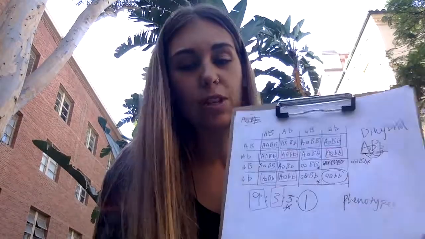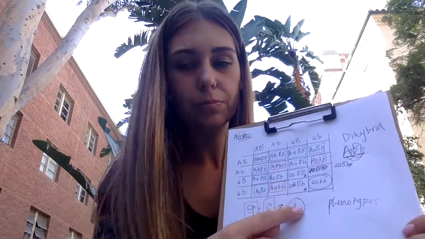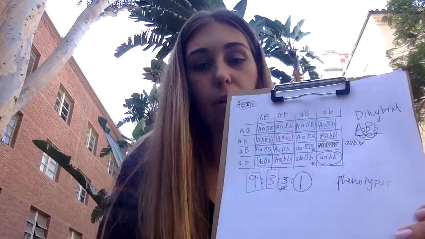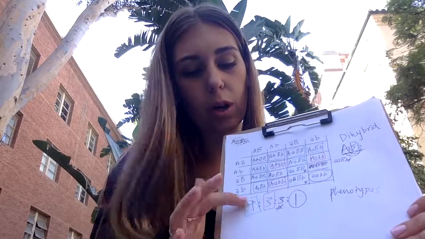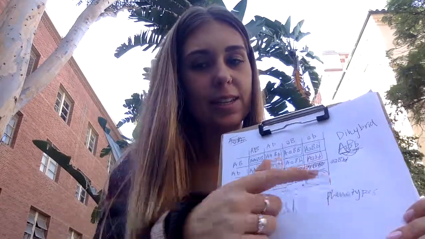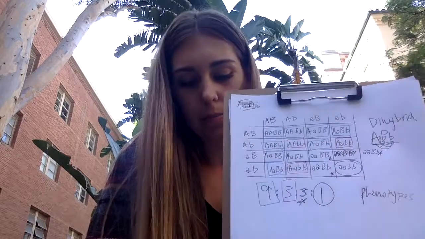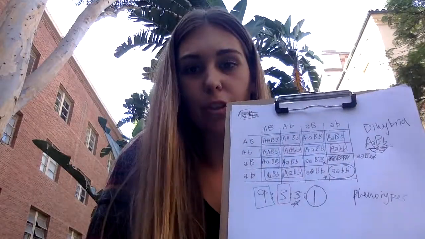So you can see it's really rare that it's going to be completely recessive. To get this, it's a pretty low ratio. So our most common is the one from the 9, which is showing the dominant traits for both genes.